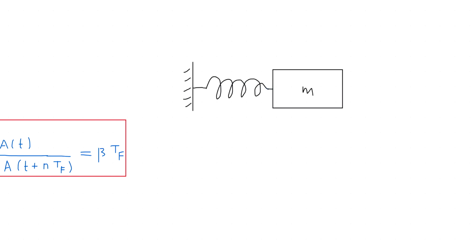Spring constant is equal to k, and some dissipation coefficient is equal to mu. Coordinate axis is x, and here we have 0.